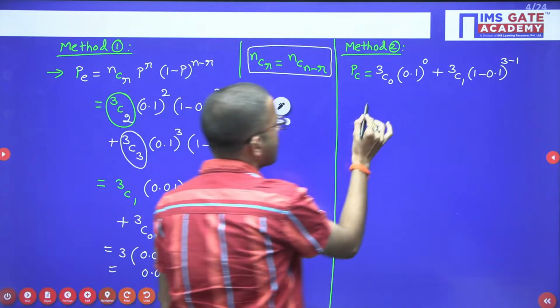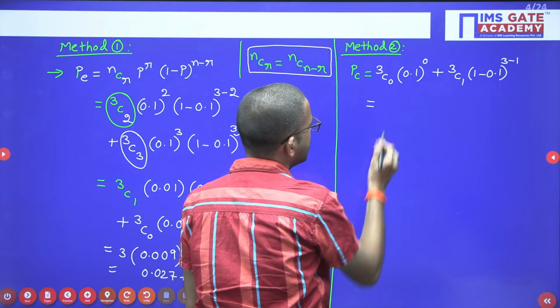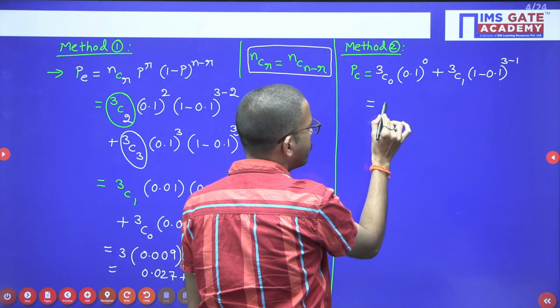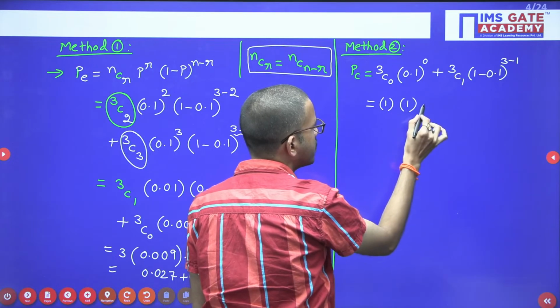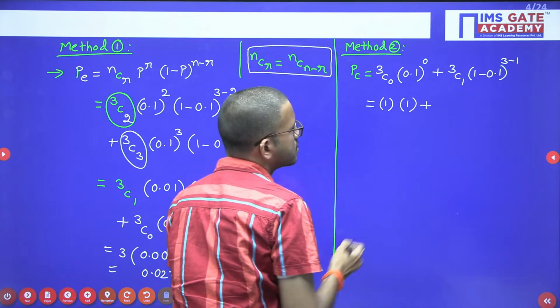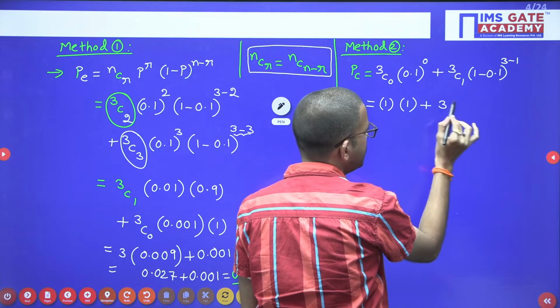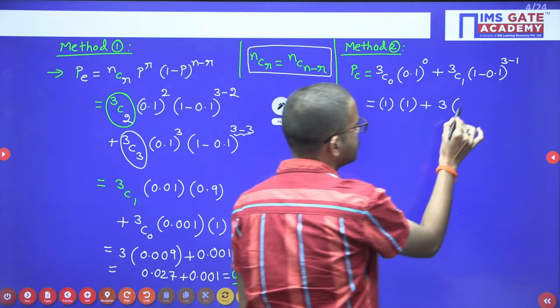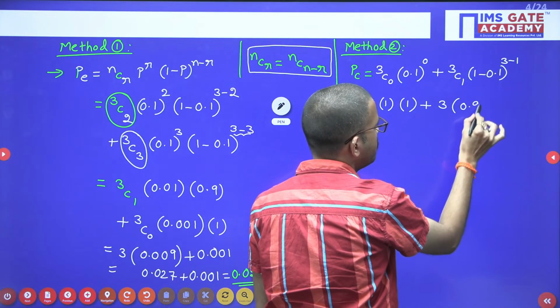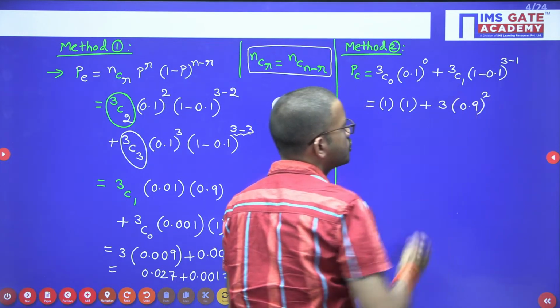Now 3C0 is nothing but 1, into 0.1 whole power 0, which is 1, plus 3C1, which is 3, into 1 minus 0.1, which is 0.9, whole power 3 minus 1, which is 2.